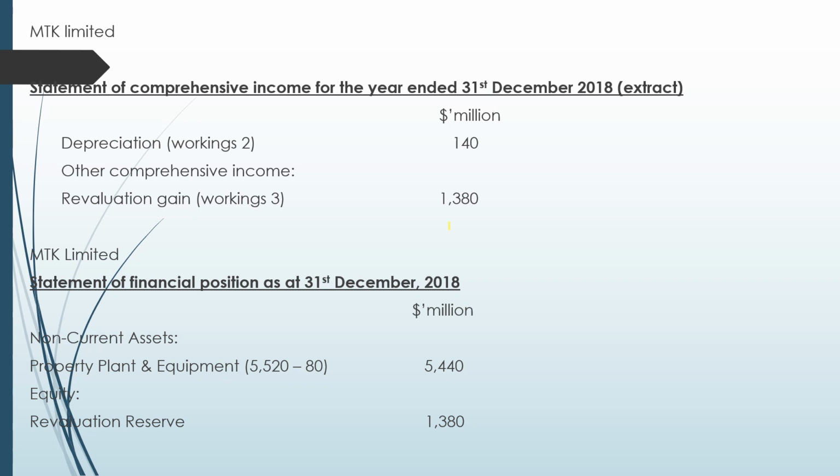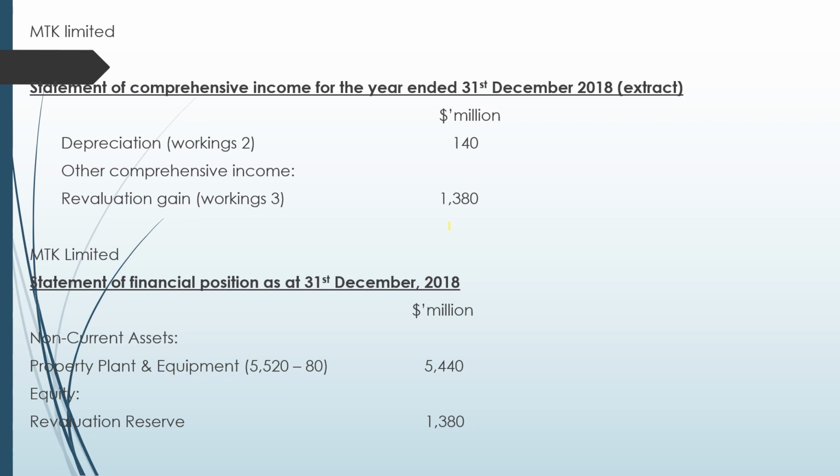We will first of all begin with the statement of comprehensive income for the year ended 31st December 2018. It's an extract. So depreciation, the 140, we've seen where it comes from. We calculated the first half of the year using the cost model and the second half of the year using the revaluation model.